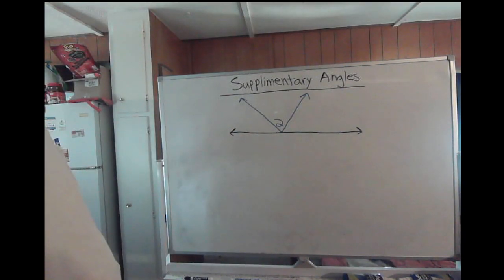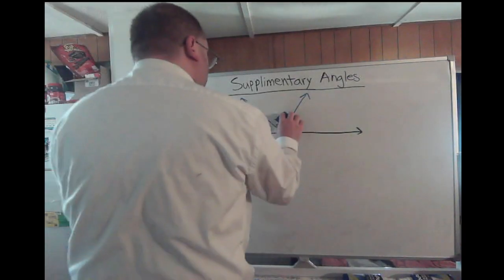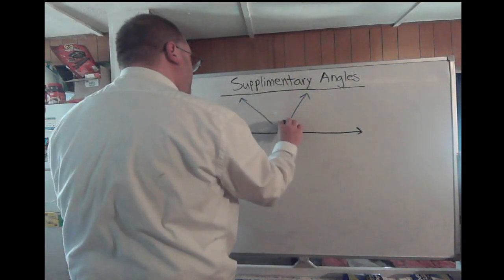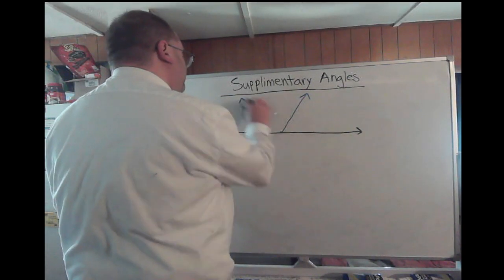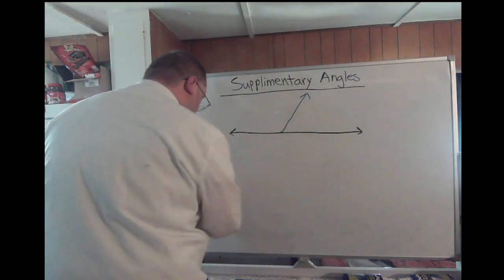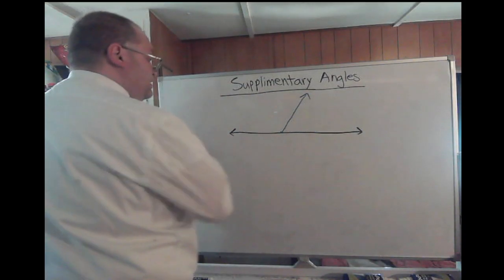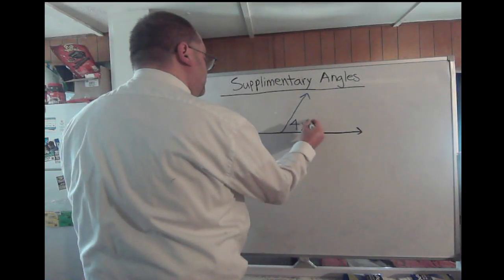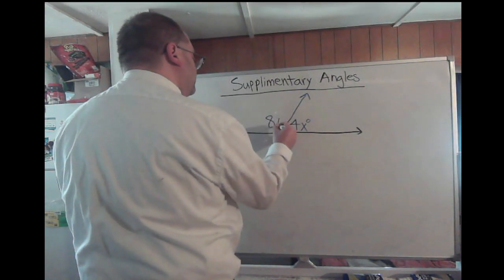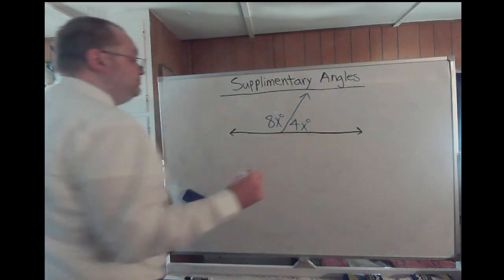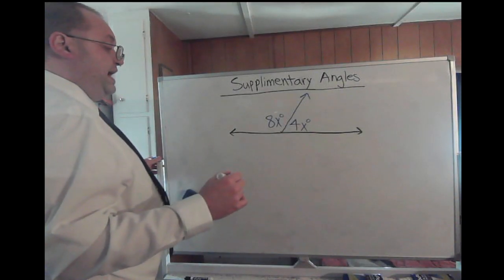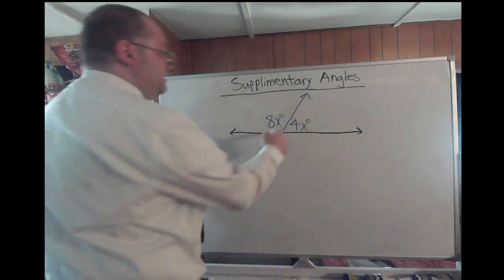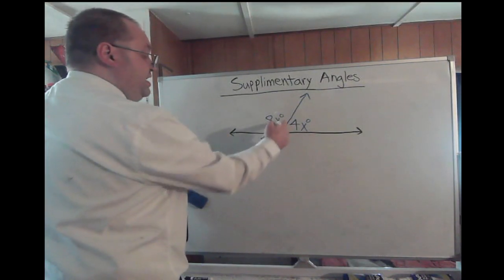What do we got here? Oh, good one. This is a good one. So, this one is 4x degrees, this one is 8x degrees. Well, what we have to do, of course, we want to find the value of x and ultimately each angle.